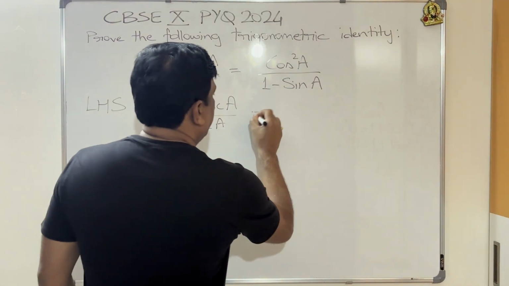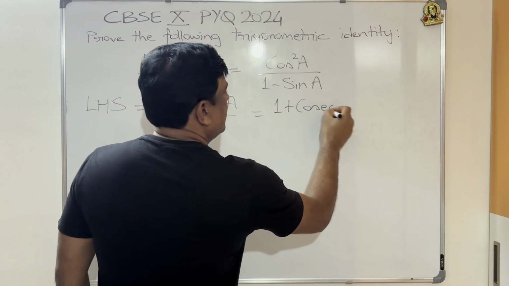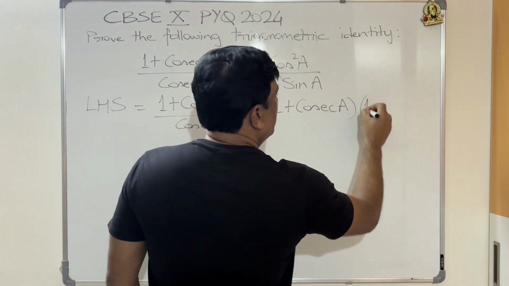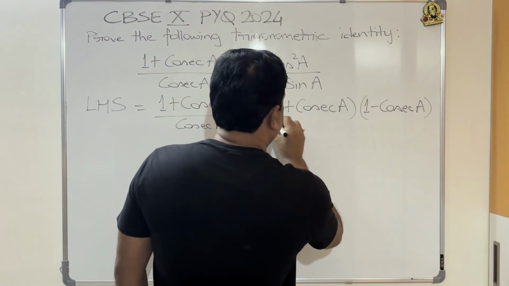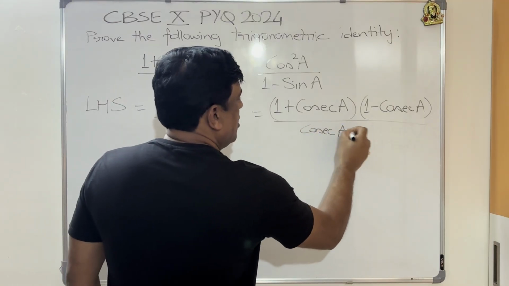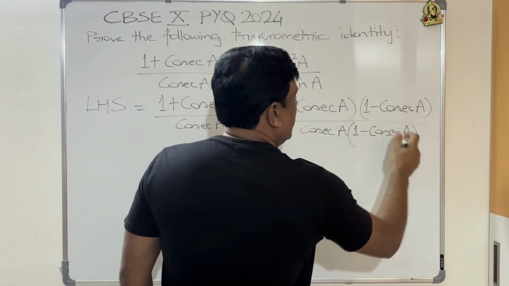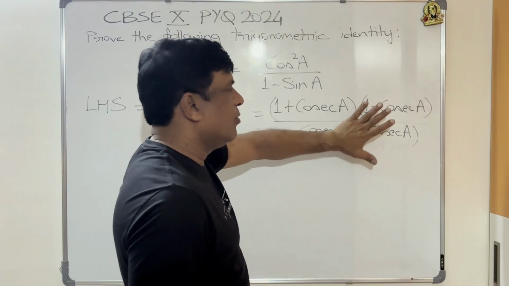I'm going to multiply by 1 plus cosec A times 1 minus cosec A. Similarly, I'll do the same thing in the denominator as well: cosec A times 1 minus cosec A. I multiply it with the same term, numerator and denominator.